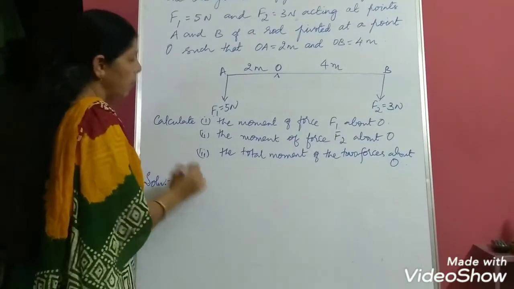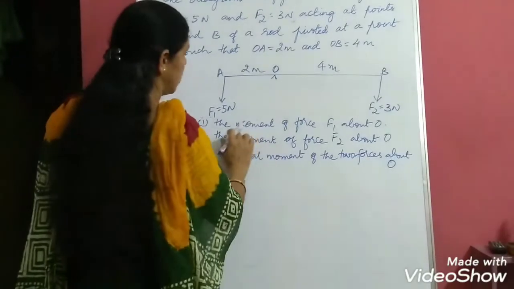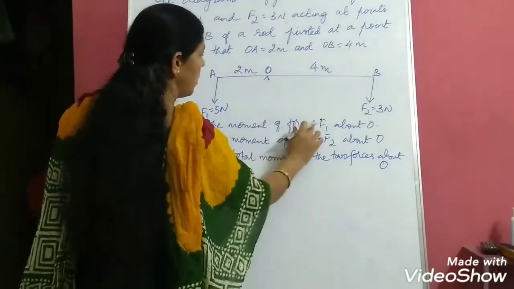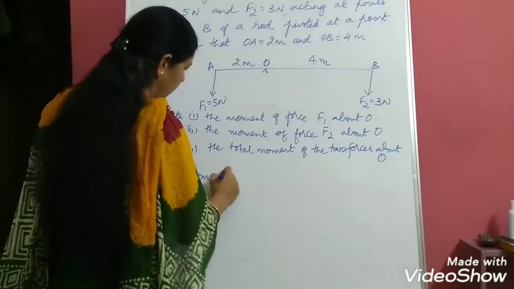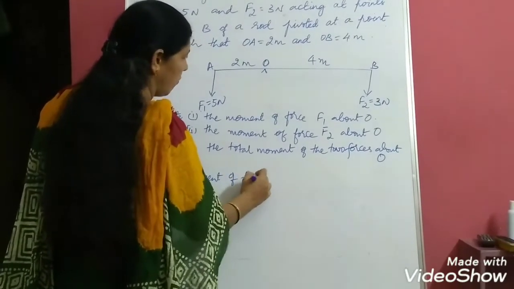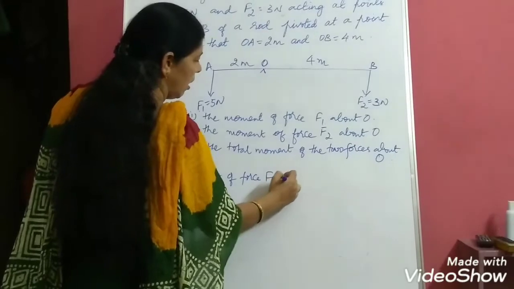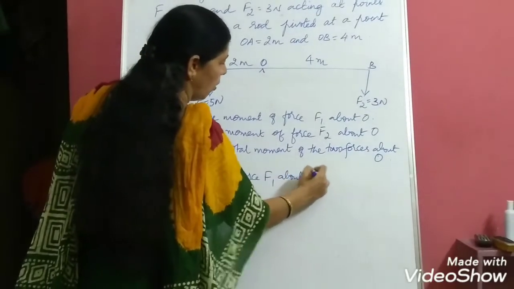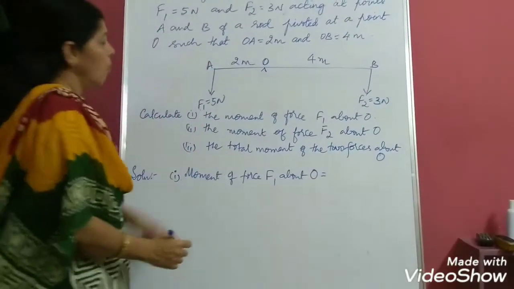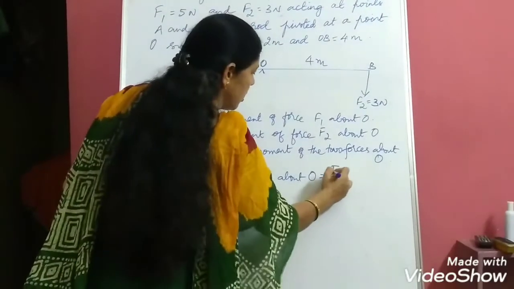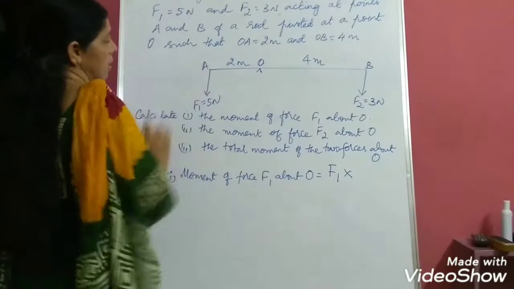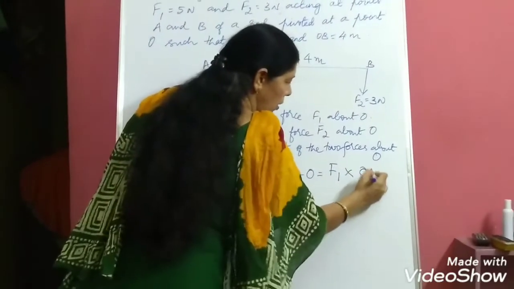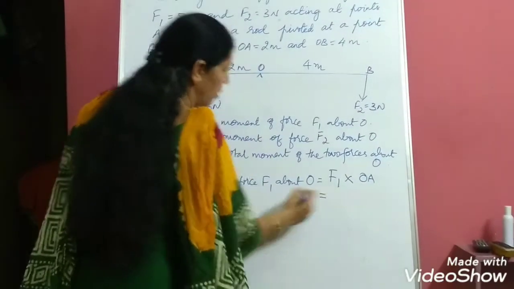Now solution. For the first sub question, let us calculate the moment of force F1 about O. Moment of force F1 about O is equal to force F1 into the perpendicular distance OA.